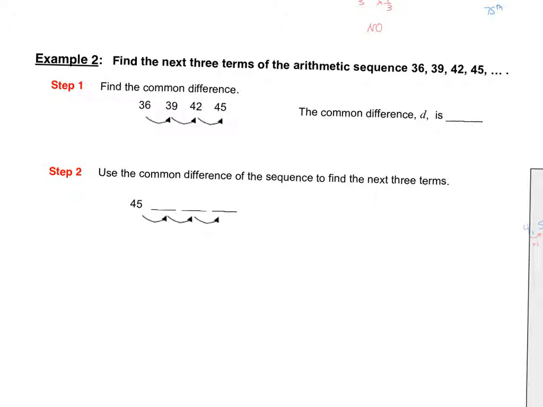The common difference is that I am adding 3 to each previous one. It could be adding or subtracting. So the next 3 down the road are going to be 48, because I added 3. Add 3 more, and I get 51. Add 3 more, and I get 54. I didn't have to use that fancy formula because it's just the next 3 down the road, and it's really easy to just do.